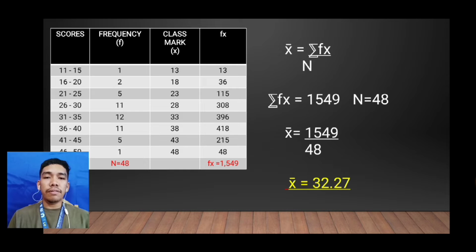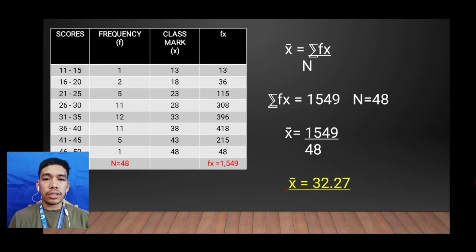So, here is the formula for finding the mean. x̄ is equal to summation fx over n. The summation fx, as you can see in the data, is what we get when we add up all the fx, and it is equal to 1,549.